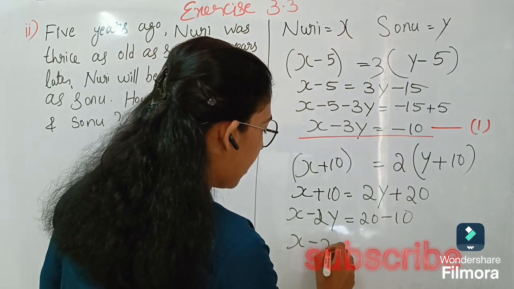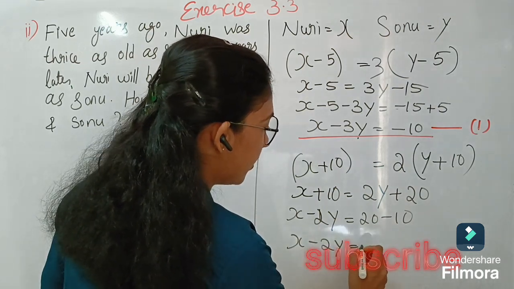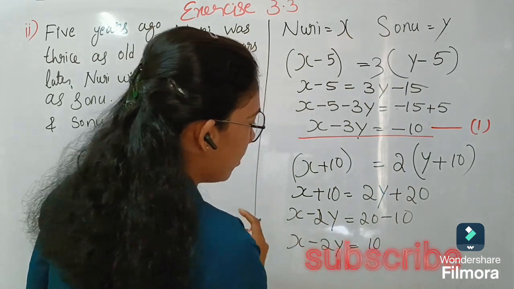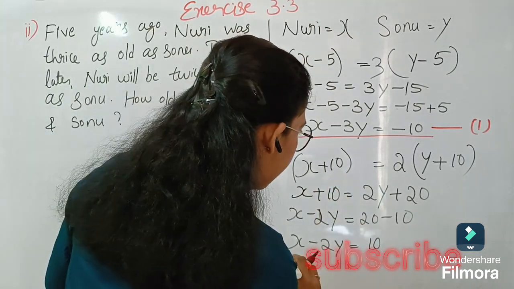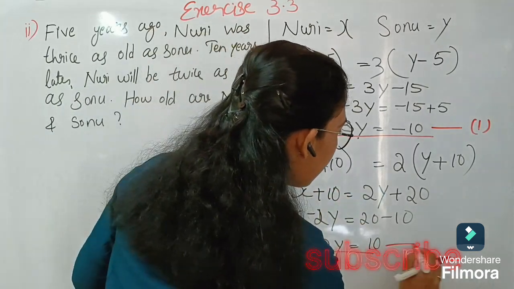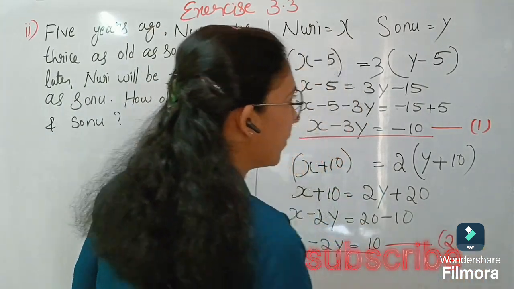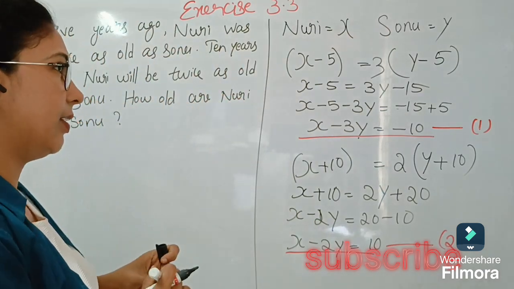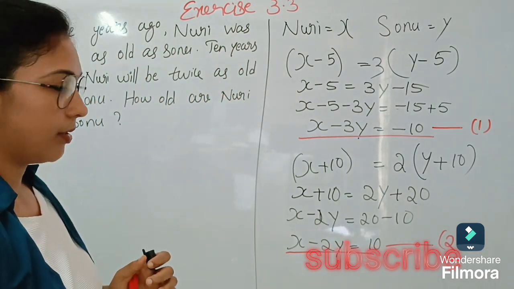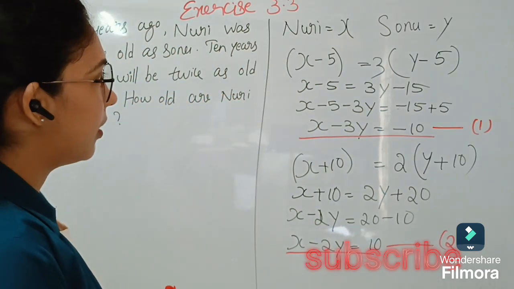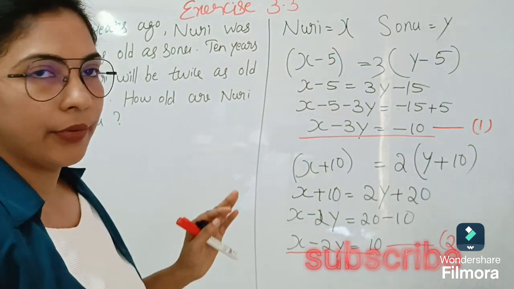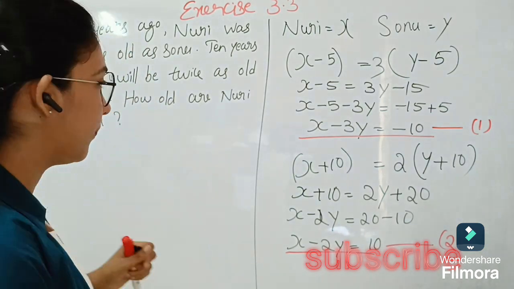That is X minus 2Y is equal to 10. So this is the second equation. So these are two equations. So by the elimination method, we have to find X and Y.